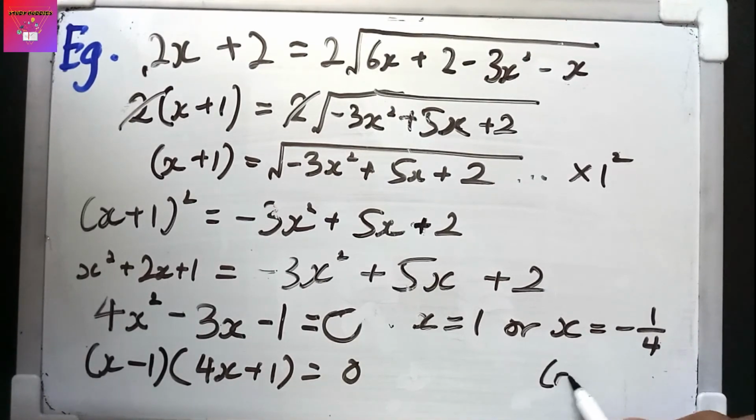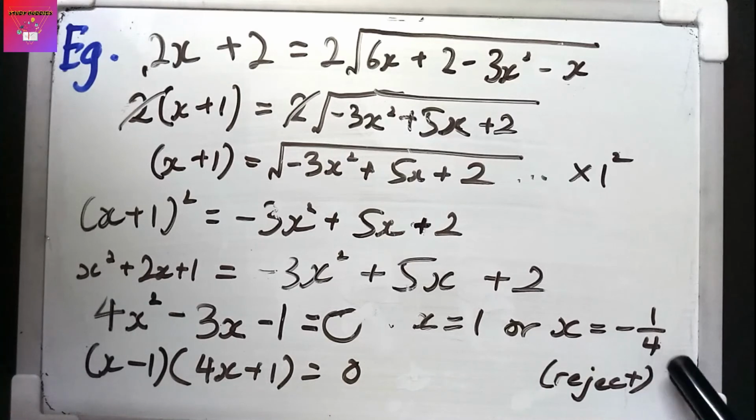But for one reason, we have to reject x equals to negative 1 over 4. So why do we have to reject x equals to negative 1 over 4? Because if you look properly, let's say if I replace this negative 1 over 4 into the beginning of the question, which was surd 2 minus x minus surd 3x plus 1 equals to negative 1, it is going to be an undefined calculation.